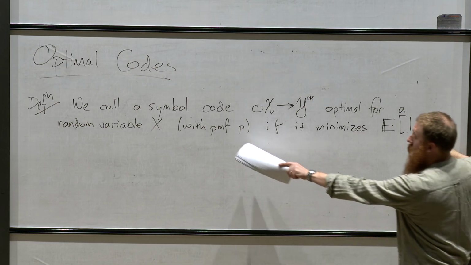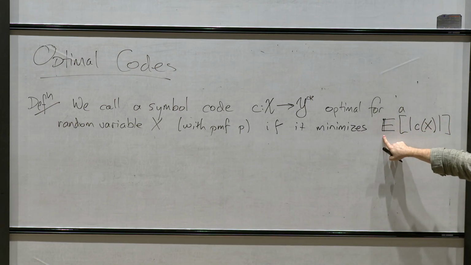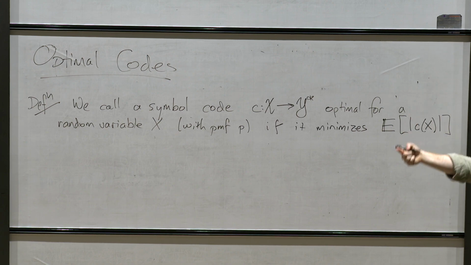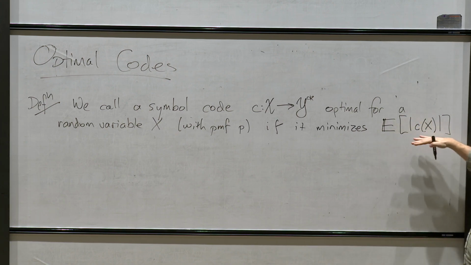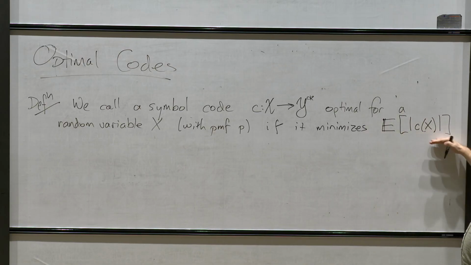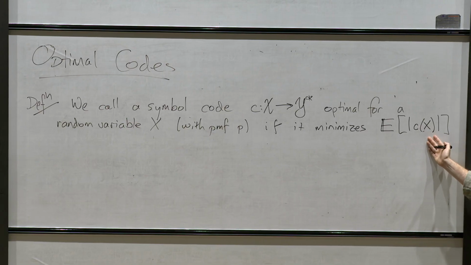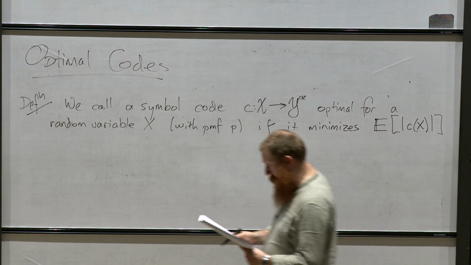Its distribution comes from the distribution of X, and so I take the average. On average, I should minimize the length of the code word that I get out from a single input. If I've minimized that on average, then I have an optimal code.